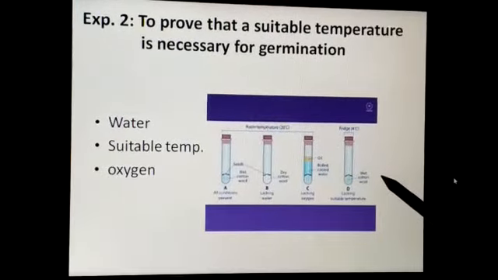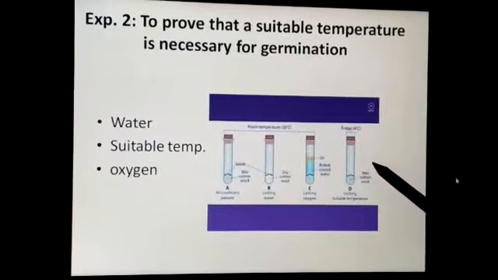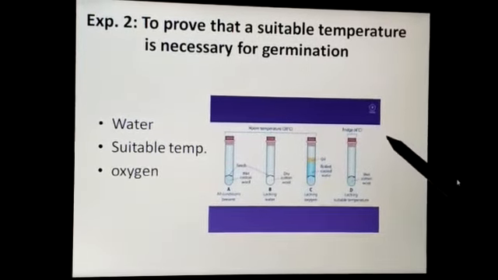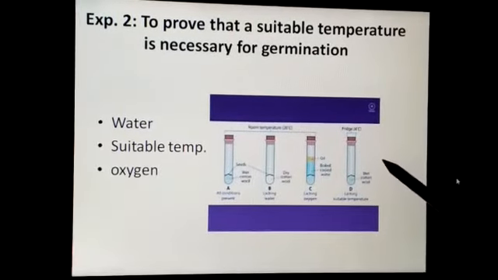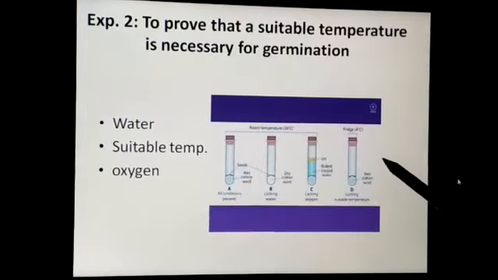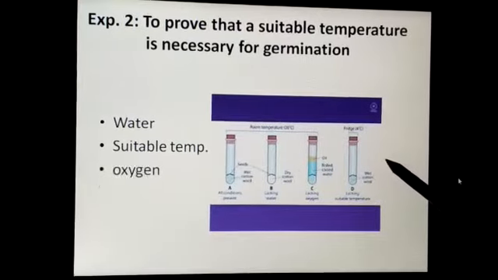Test tube D has got wet cotton wool. Over that some soaked seeds are there. Mouth of the test tube is closed, so air is also inside it. But this test tube is placed inside a refrigerator. So it is under low temperature.